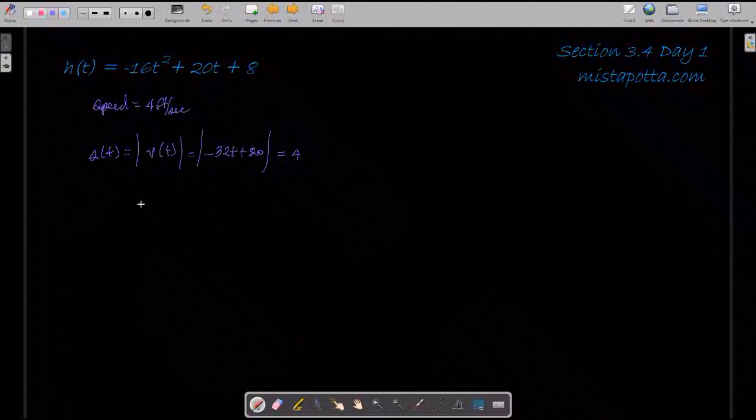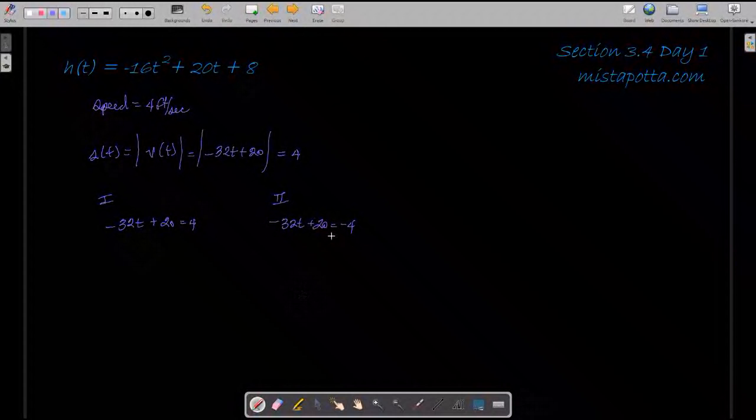And so if this is true, that means I've got two situations. One situation, which we just did, setting the velocity equal to 4. But another situation where I set my velocity equal to a negative 4.